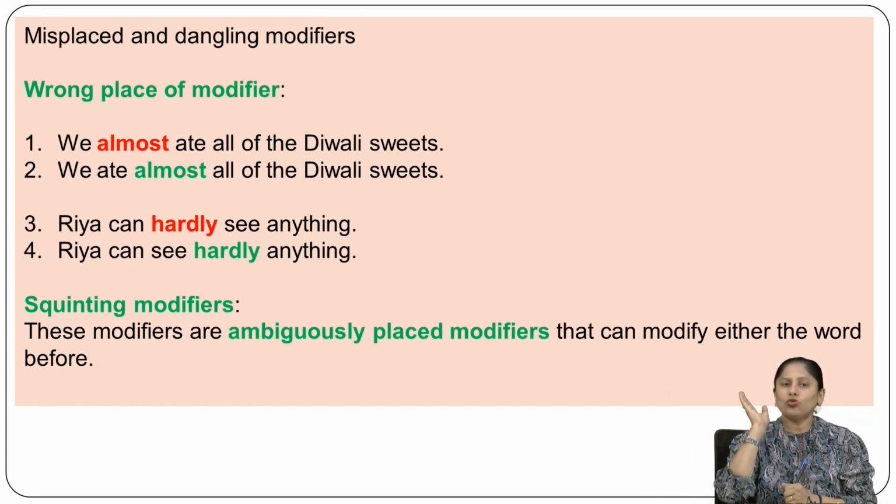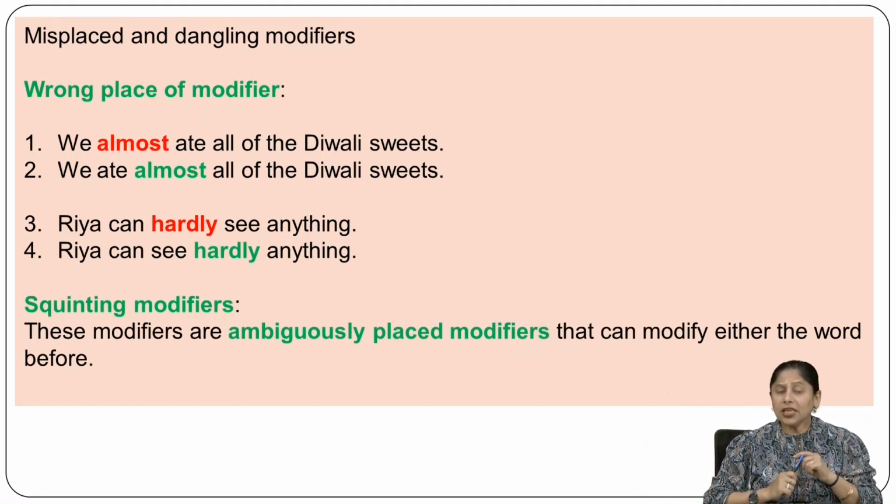So here this word almost plays the role of adverbial modifier. But the thing is that in the first sentence the modifier comes before the verb, and it is wrong. Look, we almost ate all of the Diwali sweets. What is that? Almost ate?